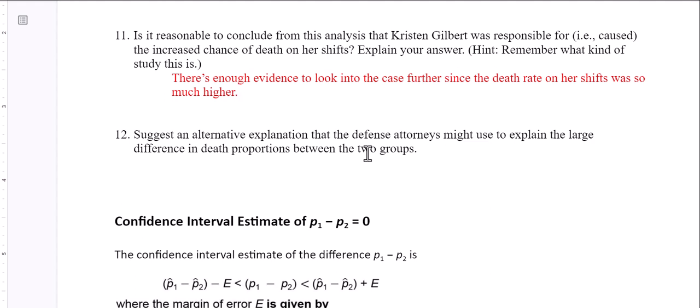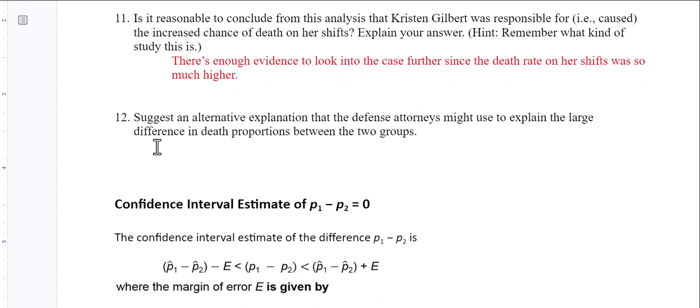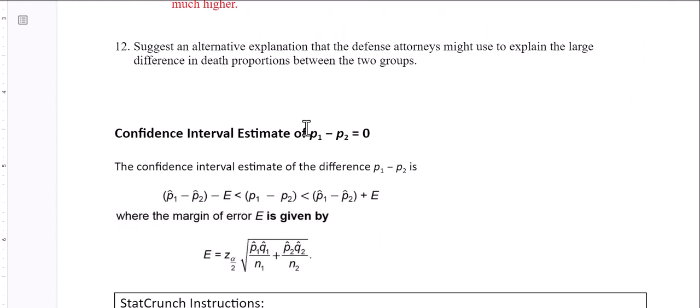She worked in the ICU, the intensive care unit. So what are some things you could bring up to say it's not her that was killing the patients? What are some other variables that could be going on? I will create a discussion and have you put in your input for number 10 and number 12 in that discussion.